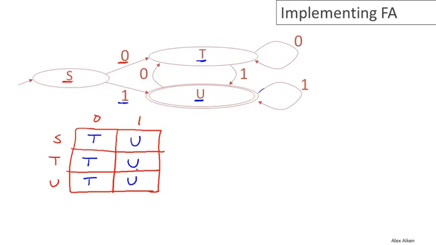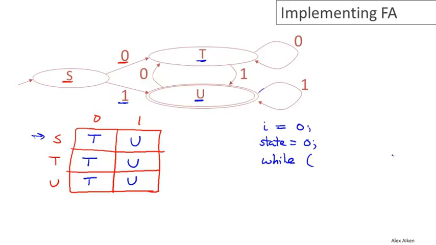And now if we were to think about how we would use this transition relation in a program, you can easily imagine. We would start out, say, with our input index pointing to the beginning of the input, and let's call that 0. And we'd have to have a current state, and we start in the start state. And let's just say that that's row 0. So in this case, that would be row S. And then while, what do we want to do?